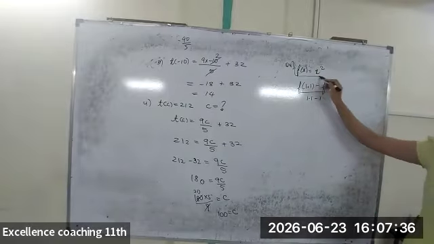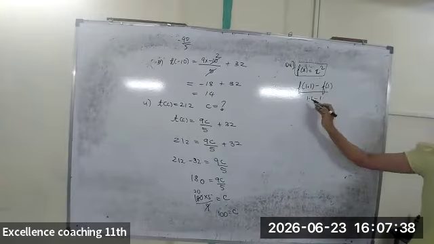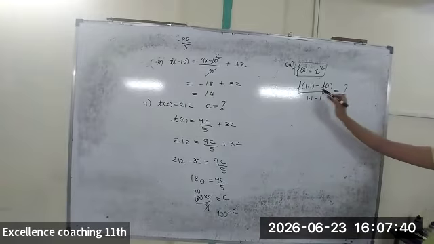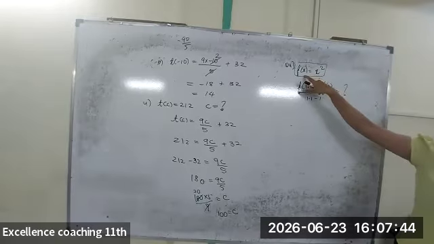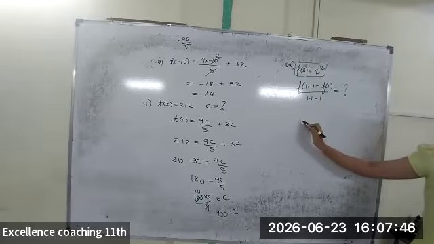Okay, so function is given. So this one's answer is asked. So what all we need? F of 1.1 and f of 1. Okay, so find both of them.